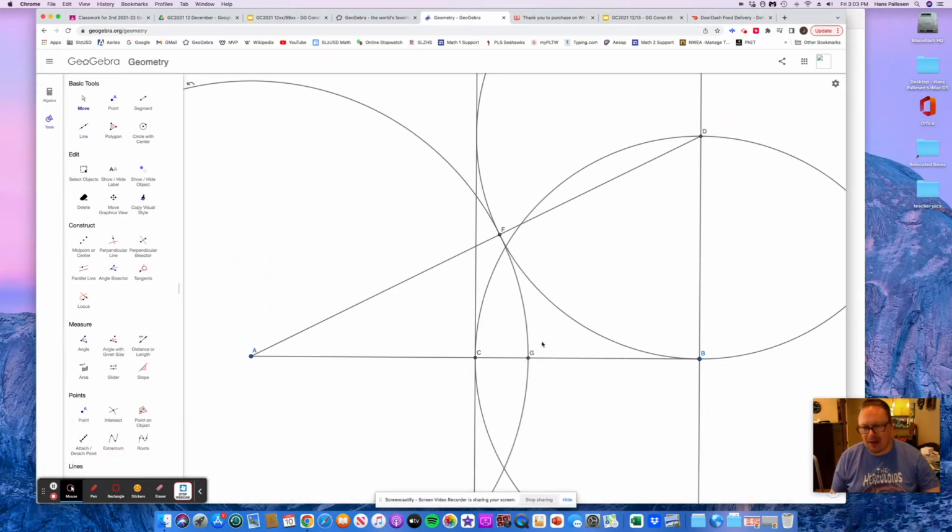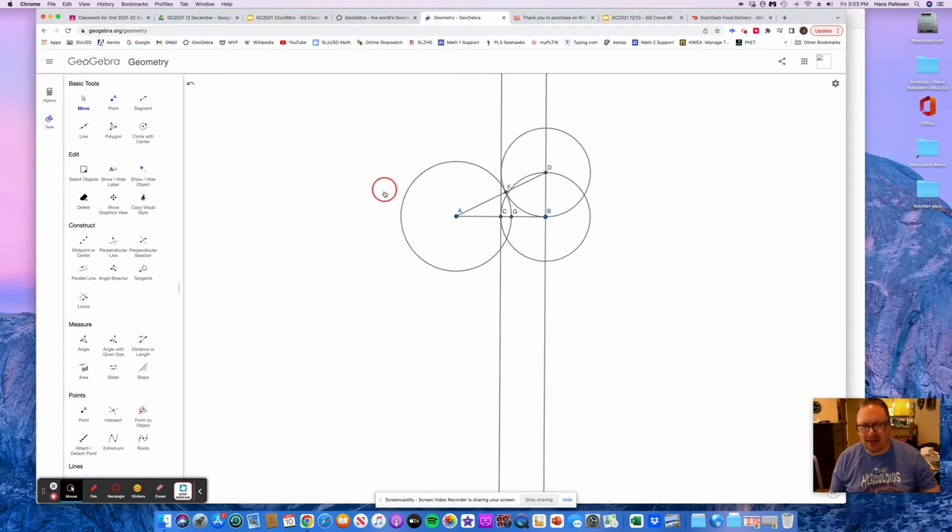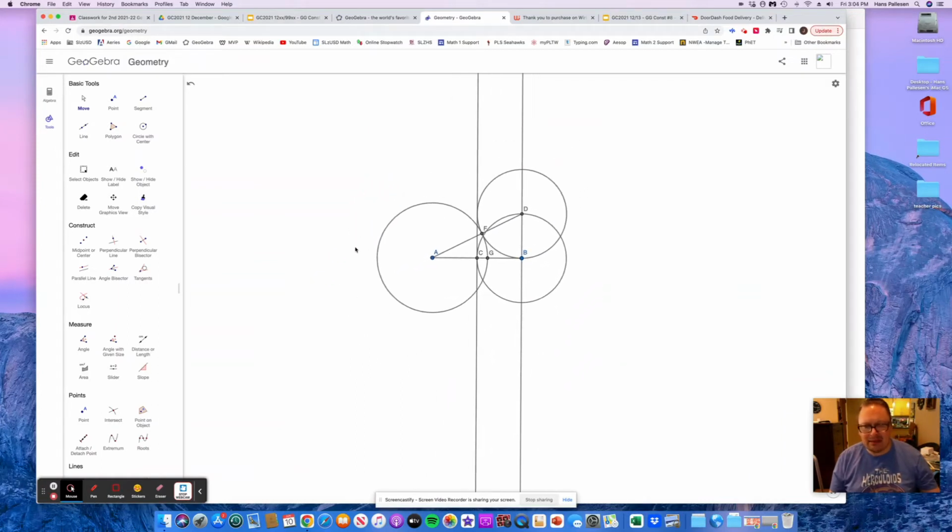Then we'll click white. Okay, we'll zoom back a little bit. Move this up.